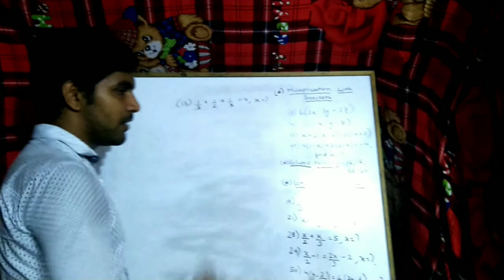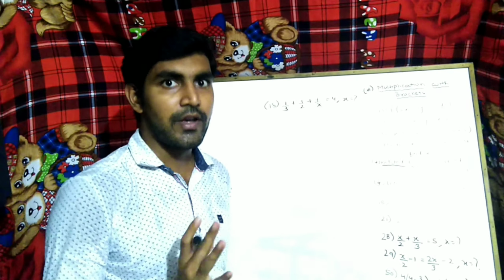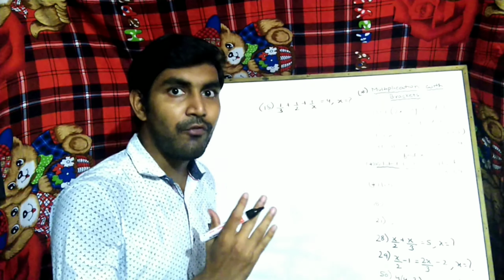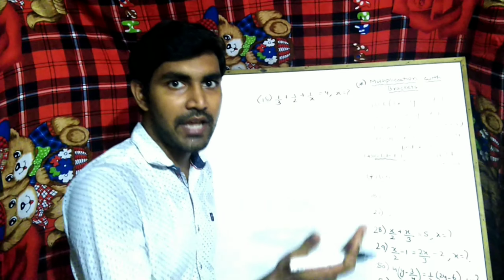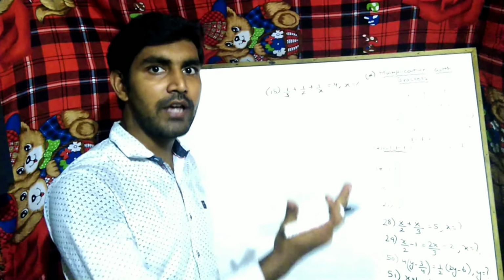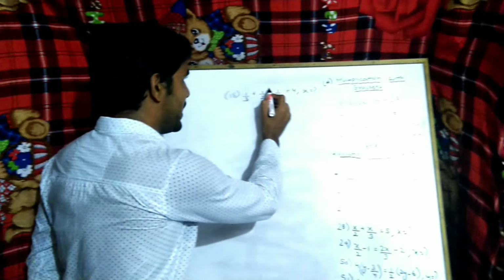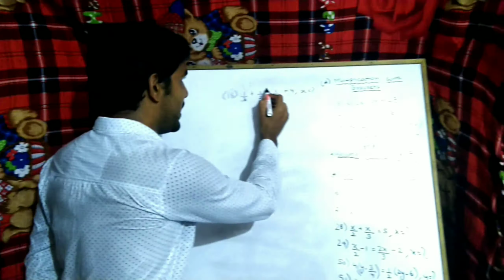See, remember one thing, if we want to find the x value, then keep it in one side and all numerical values at one side. So here x value is there. So bring this side, right side, and this plus 4 you have to bring left side.